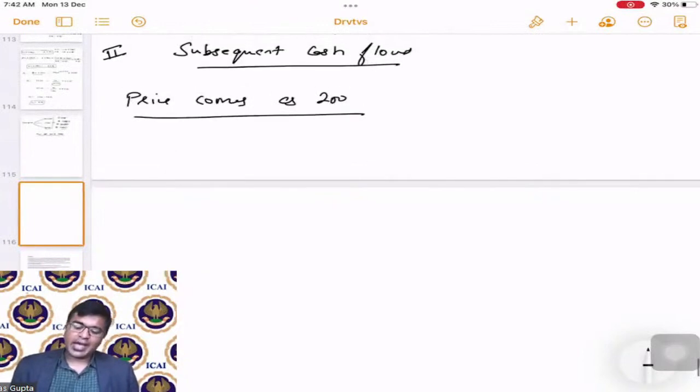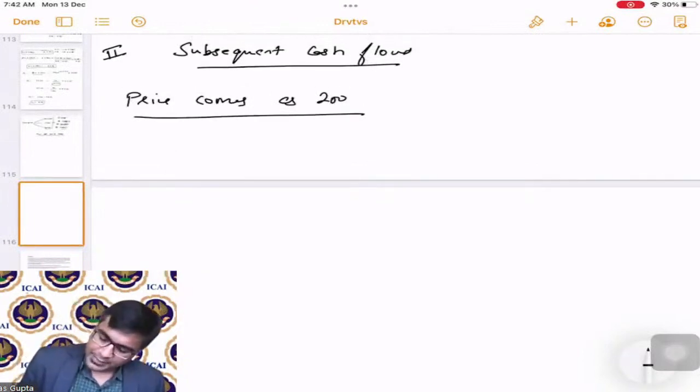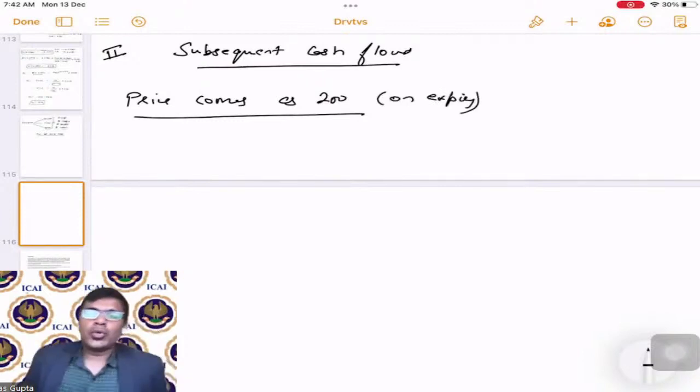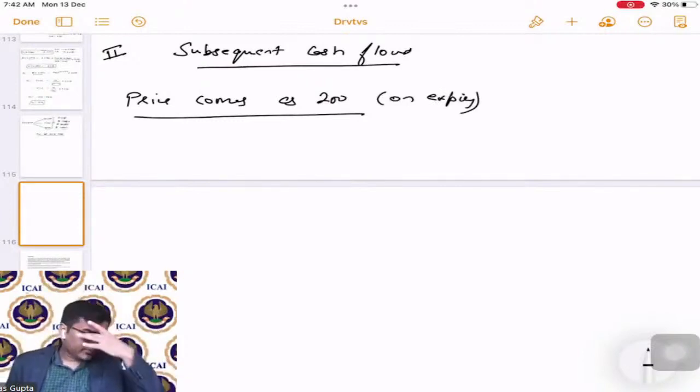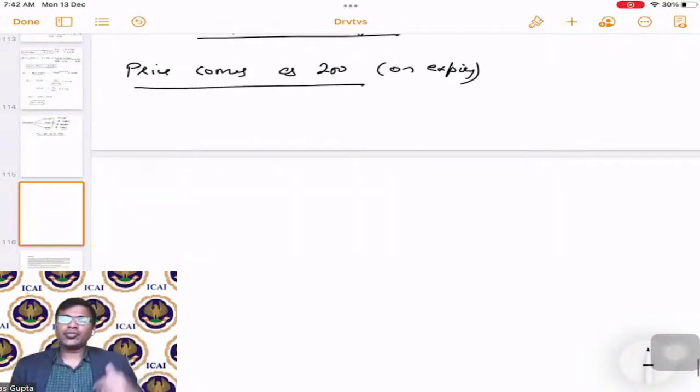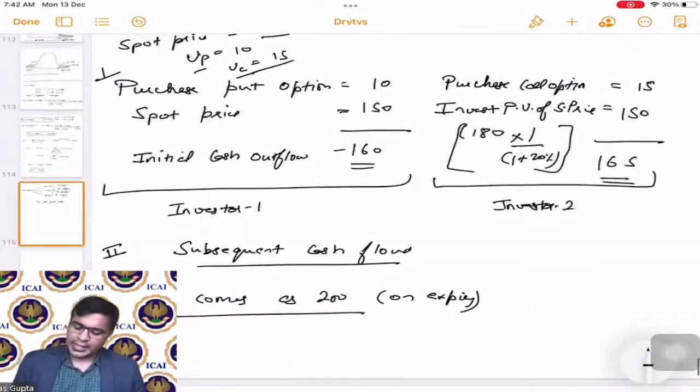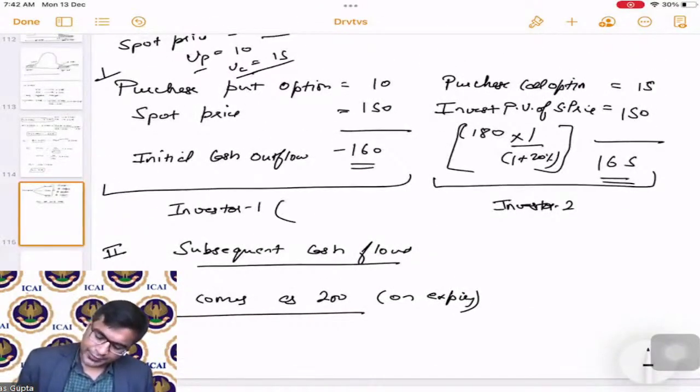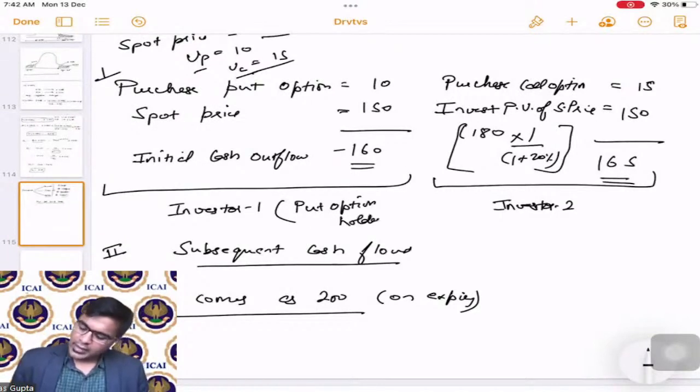So we are saying that if the actual price on expiry comes out to be 200 rupees, then let us again calculate the cash flows from both angles, the put option holder, investor 1, and the call option holder, investor 2.